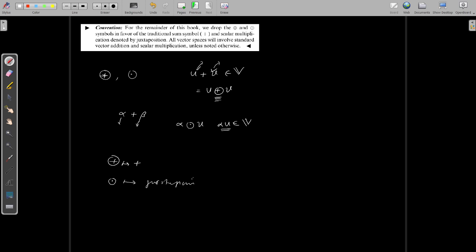That means we write alpha and u side by side to denote alpha u. These are the conventions we have made for the remaining portion of this book.